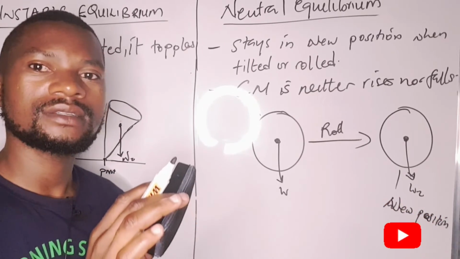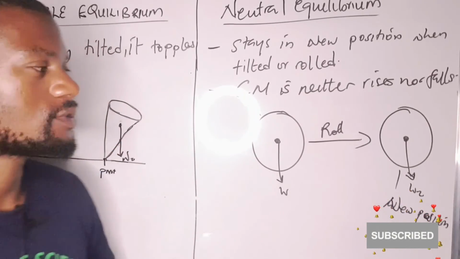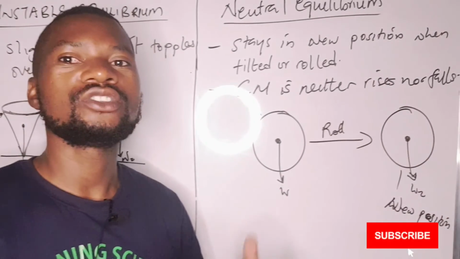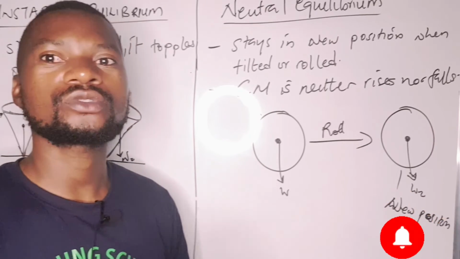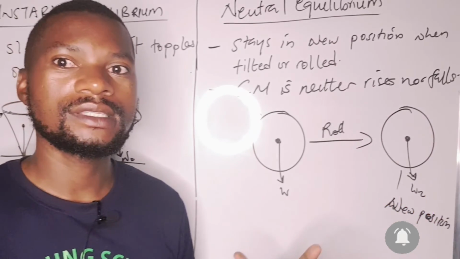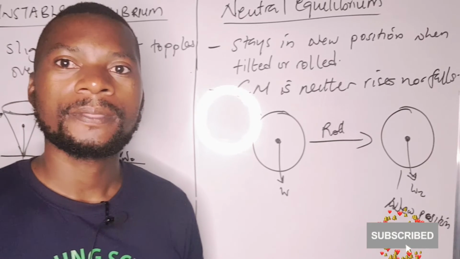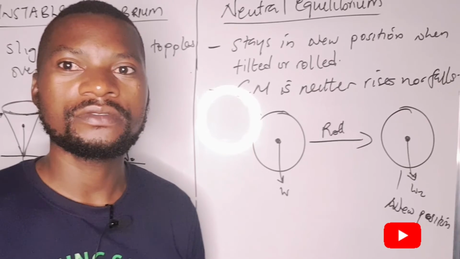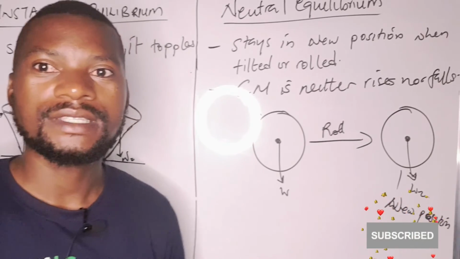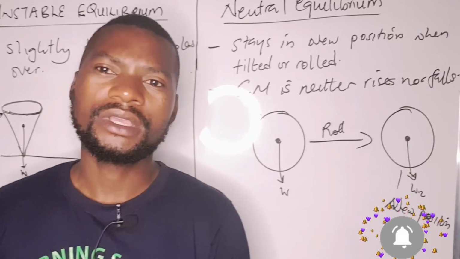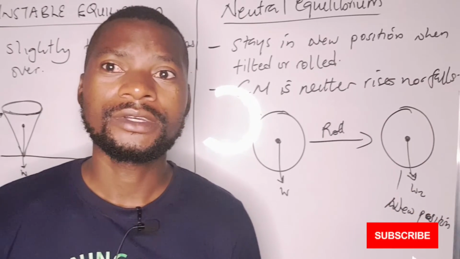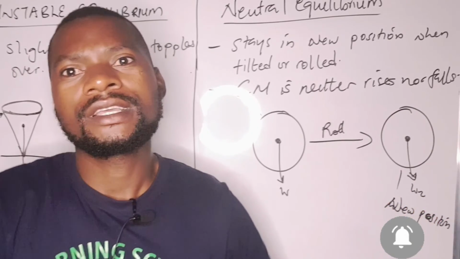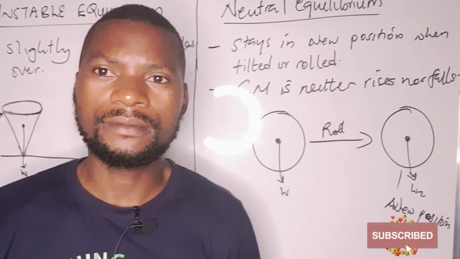It is not going to rise or fall. So these are the three cases that involve equilibrium when you are talking about the stability of a substance. So a substance can either be in a stable equilibrium, or in an unstable equilibrium, or in a neutral equilibrium.